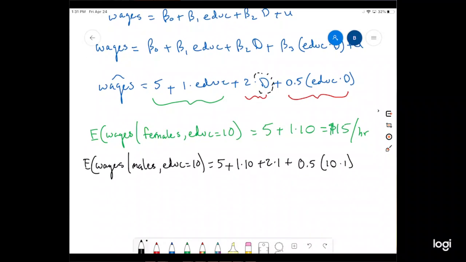That's going to be 5 plus 10 plus 2 plus 5. So it's going to be 22. $22 per hour. So on average, with 10 years of education, men are making $7 more per hour than women, according to this regression output.